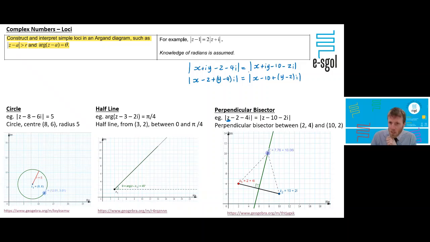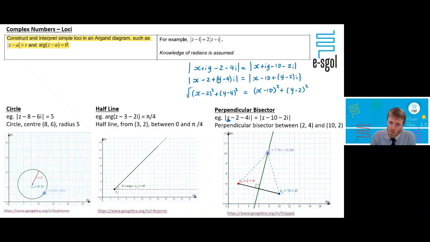Now, the modulus means that you're going to square the real part, square the imaginary part, and then square root them both. So we get x minus 2 squared plus y minus 4 squared equals x minus 10 squared plus y minus 2 squared.